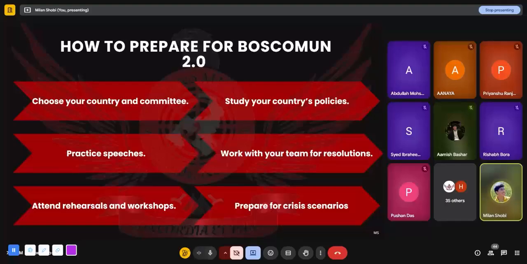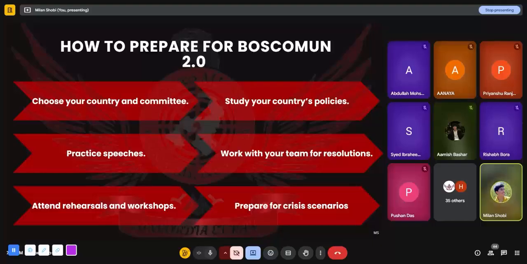Because you need to really drive the committee in your way. Winning an MUN is way easier than you actually think it is. You just need to do the right research, the right amount of strategy planning, and you actually have it in yourself. But you really need to practice your speeches in order to be flawless when you are presenting your case in front of the committee.